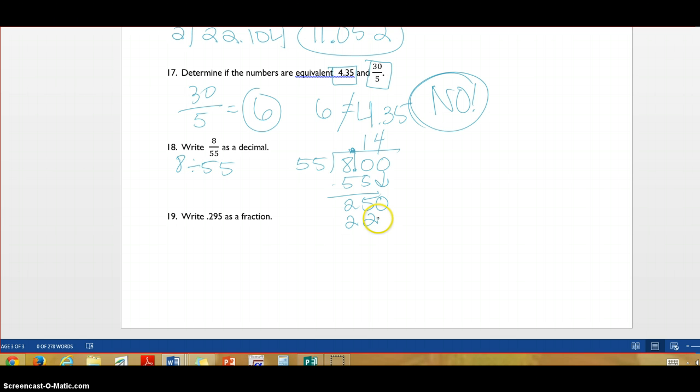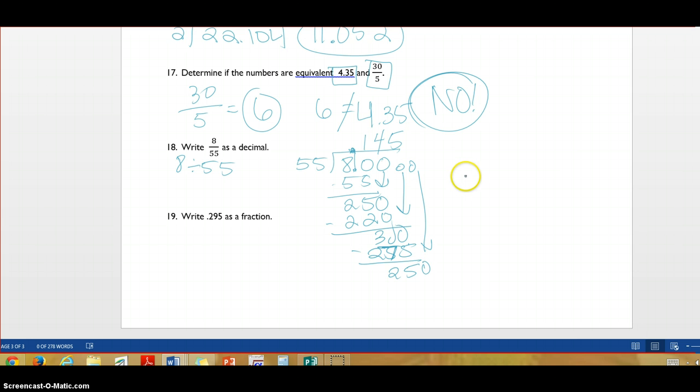30, add a 0, bring it down. 55 goes into 350 5 times, making that 275. 75 there. Again, now we're going to see that it's going to be a repeated decimal.